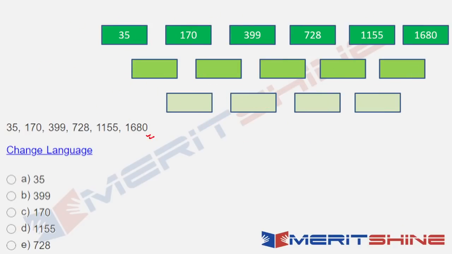Okay, I was with you when you could not figure out that the given sequence were all squares and numbers close to it in the previous question. But in this question, there is no excuse, right? This is 36, this is 169, this is 400, this is 729, 1156.